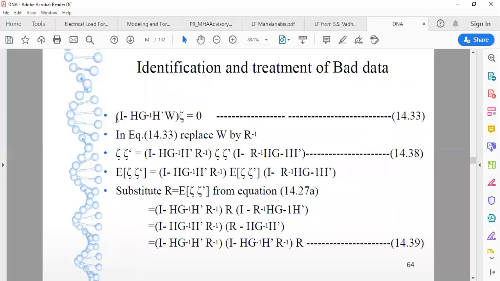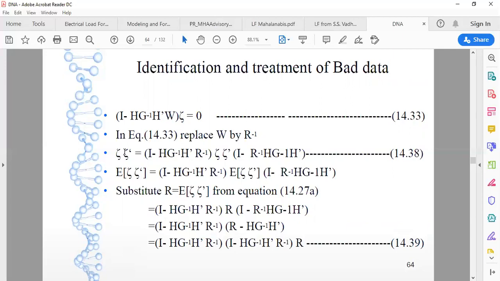So we can form this equation: I minus H G inverse H transpose W in brackets, and outside of the bracket we have to multiply this whole thing with zeta. Now in this equation, if we replace W by R inverse, we will have this equation. See over here, we have multiplied zeta with zeta transpose.